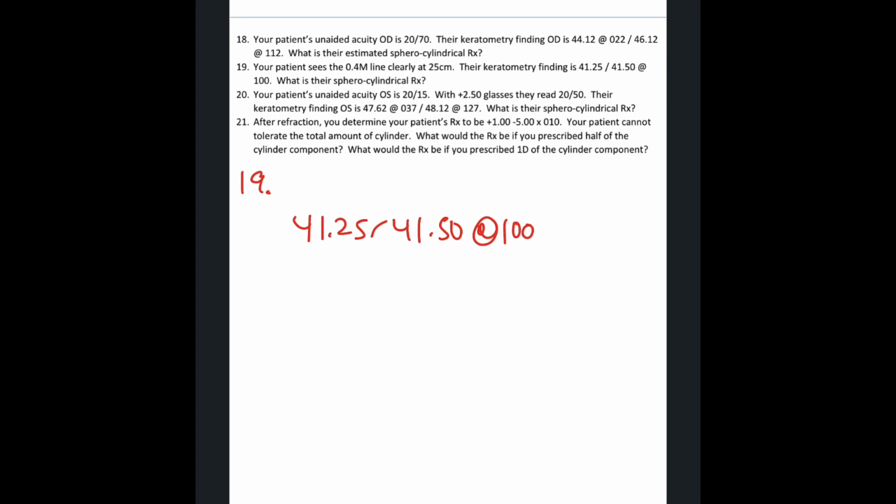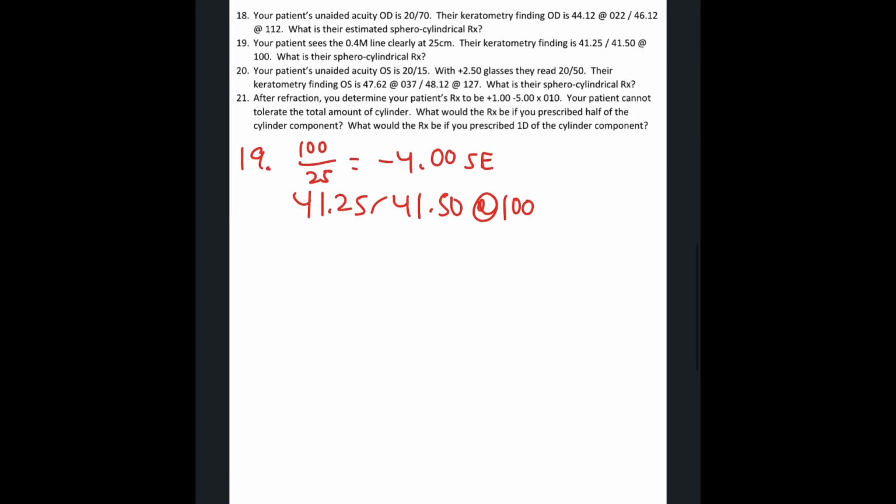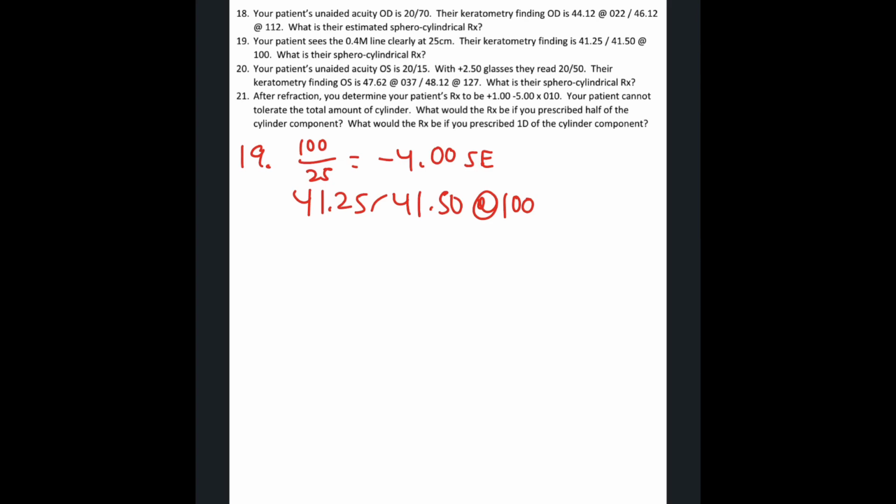So your patient sees the 0.4 M line at 25 centimeters. This means 25 centimeters is our punctum remotum. So if we do 100 divided by 25 centimeters, we get minus 4 as our spherical equivalent. This is the part you need to pay attention to. It says at 100, not axis meridian 100. So this 100 applies to this number, which means it's not the axis we're using for our answer because this number is the lower number.